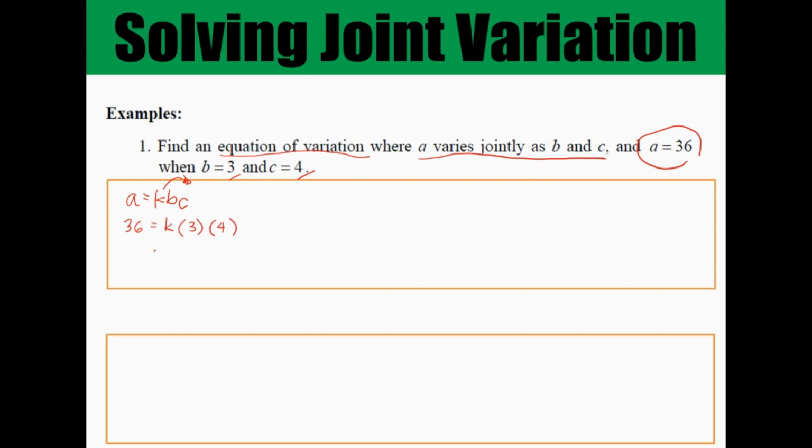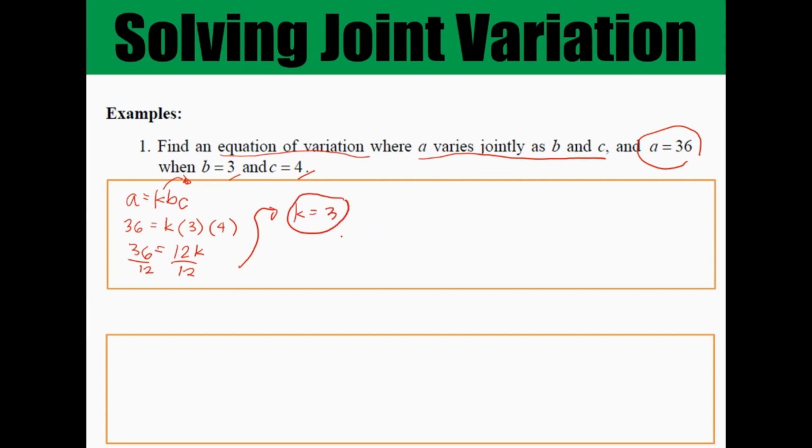So, multiply. 3 times 4 is 12, K. Then, just copy 36. So, divide both sides by 12. Then, K equals 3.